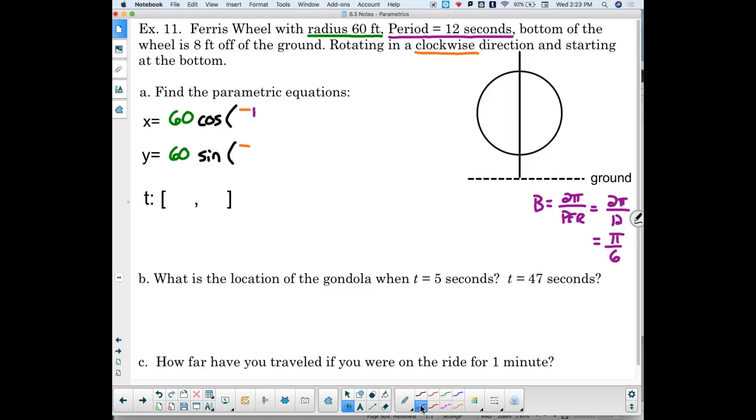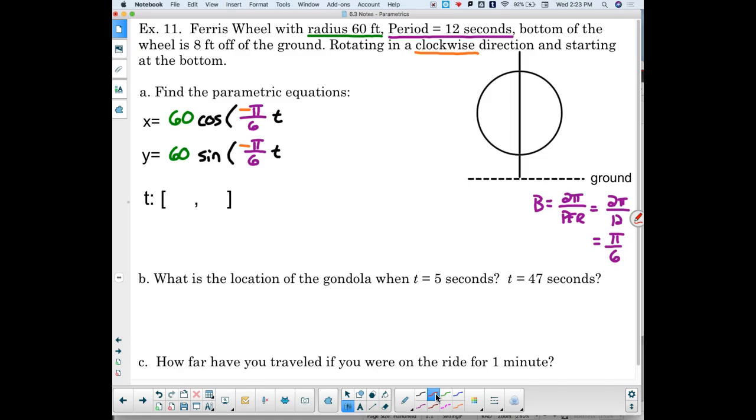So that's going to be pi over 6. Right? Now what comes next in both of them? T comes next. Are we starting on the right side?